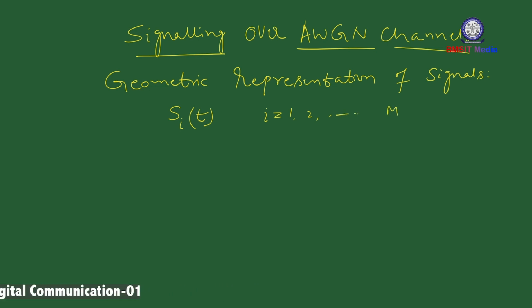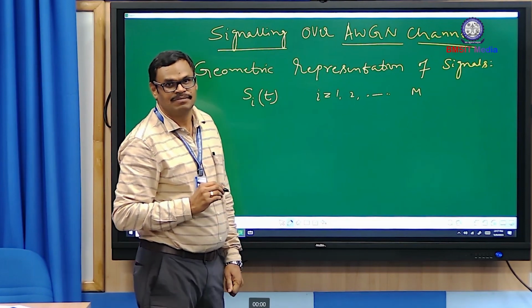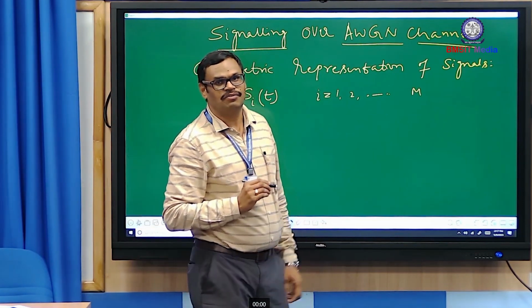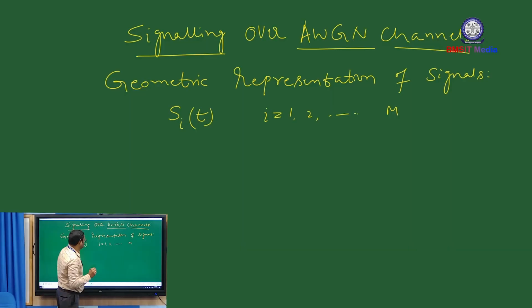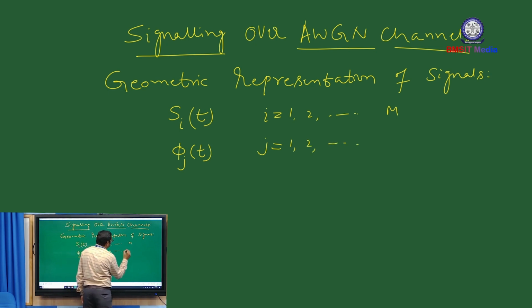I can express these m finite energy signals as a linear combination of n orthonormal basis functions, where the basis functions are represented as phi j of t, and the value of j can vary from 1, 2, and so on up to n. The number of orthonormal basis functions is always less than or equal to the number of finite energy signals. So n is less than or equal to m.